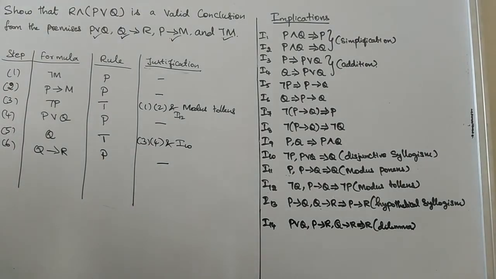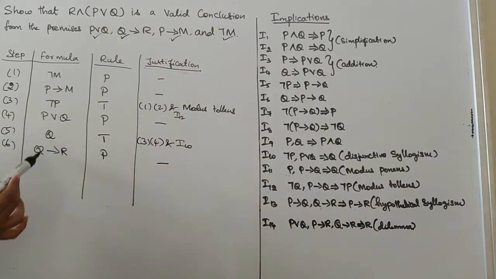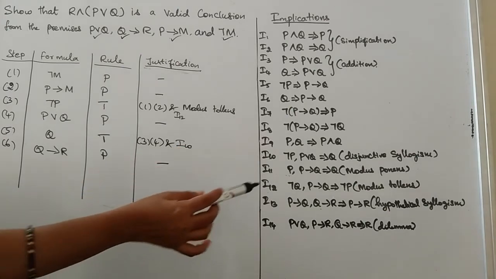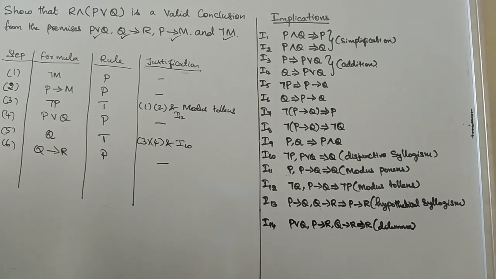Then again I check the implications. It's Q, and Q implies R. If I take it that way, it results in Q, which means it results in R.